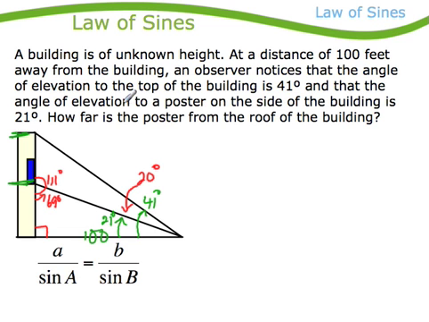Gee, I'm on a roll here. Okay, so that's 111 degrees, and since this is 20, together that's 131. So this angle here has to be the difference of 180 minus 131, which I think is about 49 degrees.